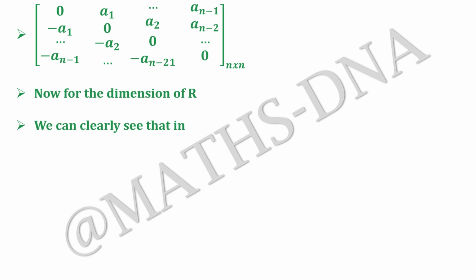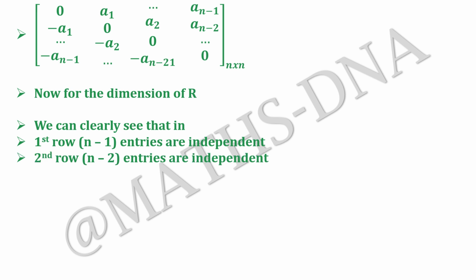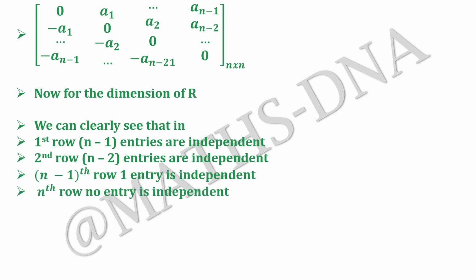Now here we can clearly see that in the first row, that is 0, a1 up to a(n minus 1), there are n minus 1 entries that are independent. Similarly, in the second row, there are n minus 2 entries that are independent, and in the (n minus 1)th row, there is only one entry that is independent, and in the nth row, no entry is independent because all the entries are dependent.